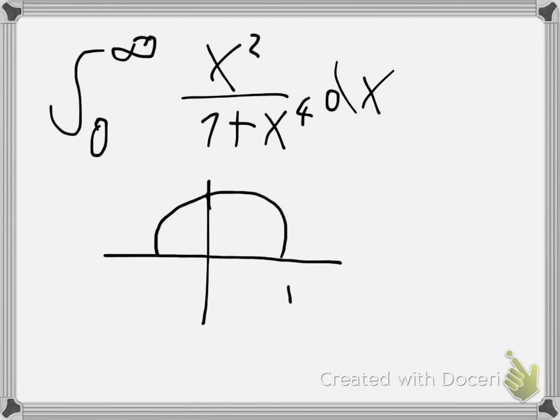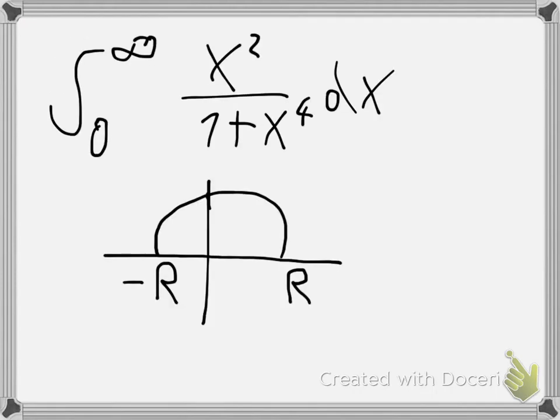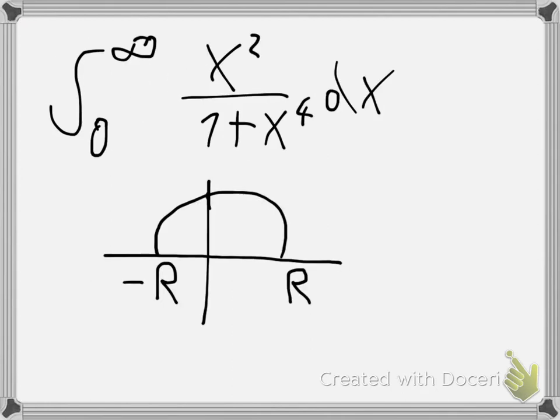r to negative r, and so we will say that our contour integral around this half circle will be equal to our two paths, our path gamma 1, which is along the real axis, and our path gamma 2, which is around the arc length.